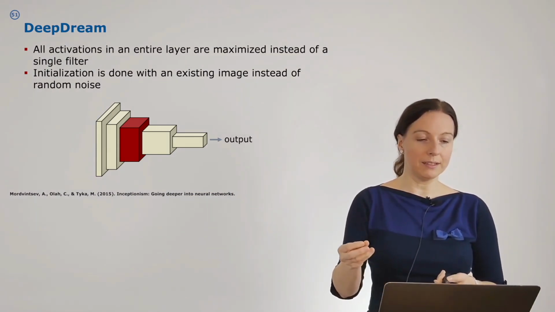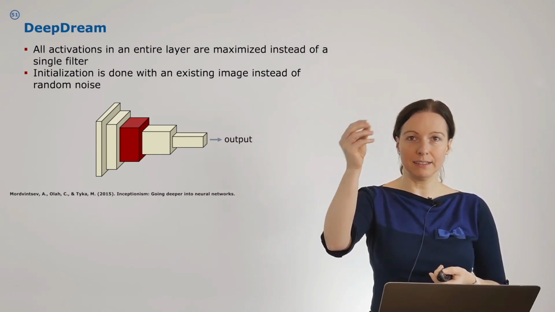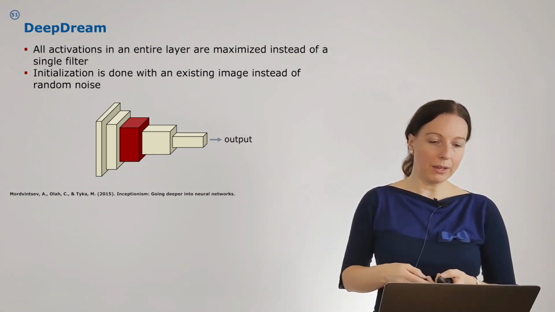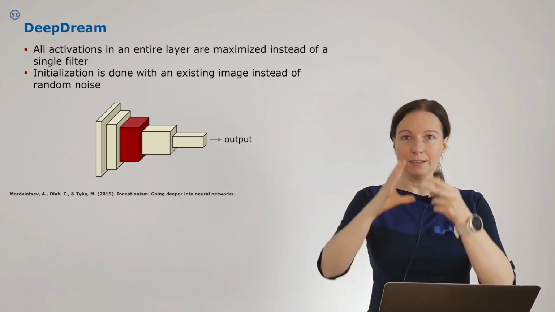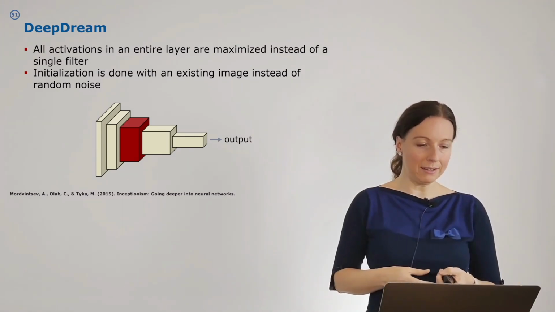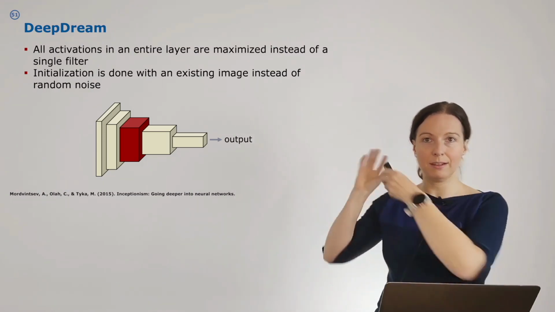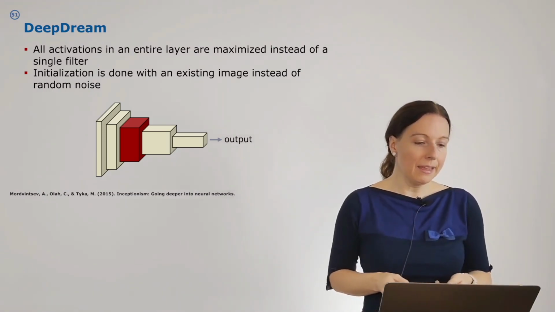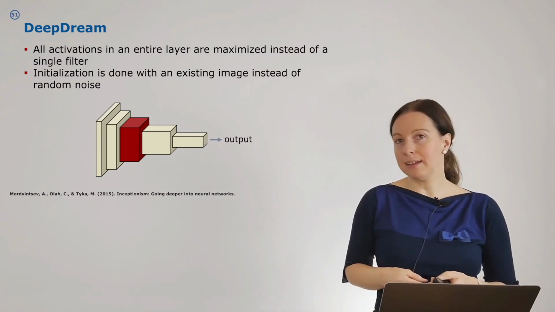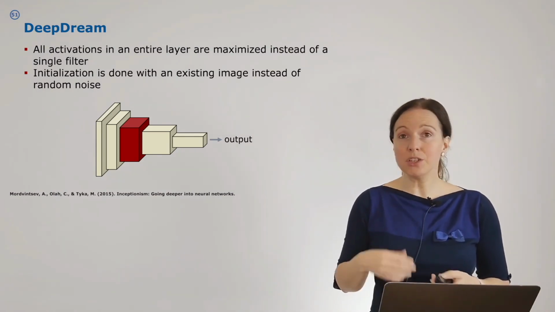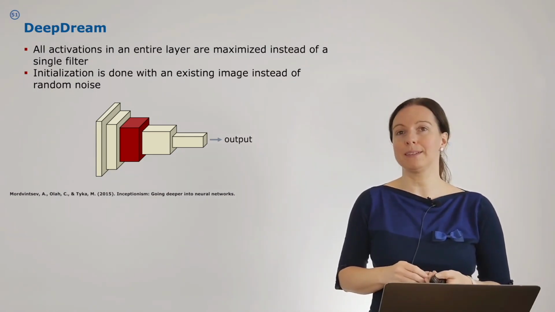We do not look at a single filter, but at a whole layer in the middle of the network, or in a deeper layer. And the initialization is done with an image instead of random noise.